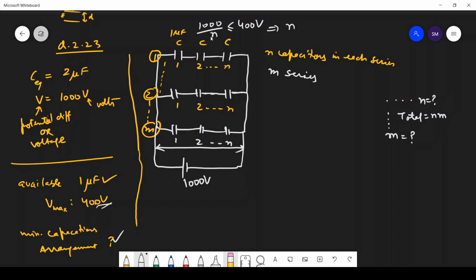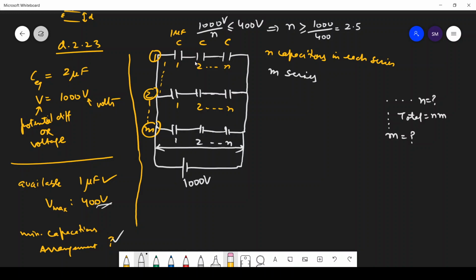So taking n this side and bringing 400 to the other side, n will be greater than or equal to 1000 upon 400, which comes out to be 2.5.